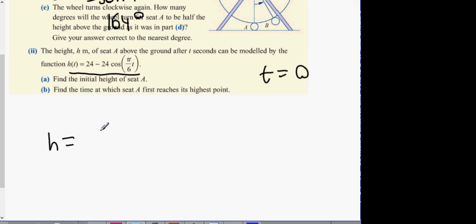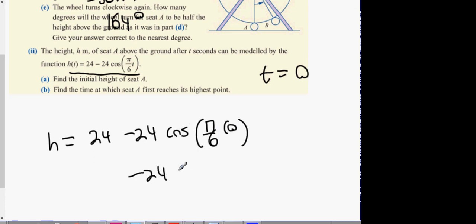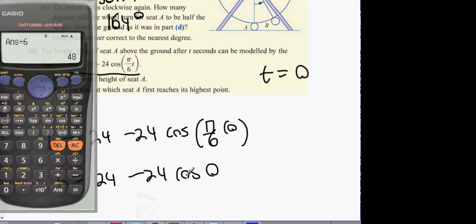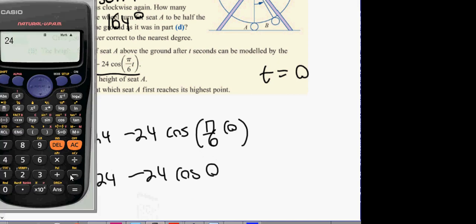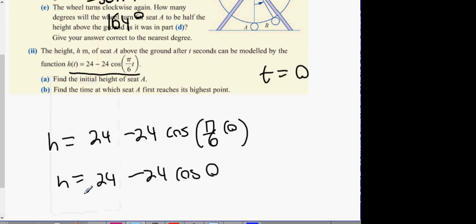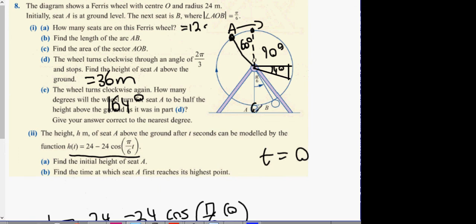Your height therefore is 24 minus 24 cos pi over 6 times 0, which is minus 24 cos 0. What is cos 0, guys? 1. So 24 minus 24 cos 0 is equal to 0. So h equals 0. This is what we expected. It starts off at ground level.